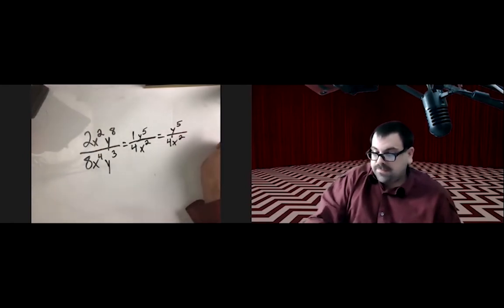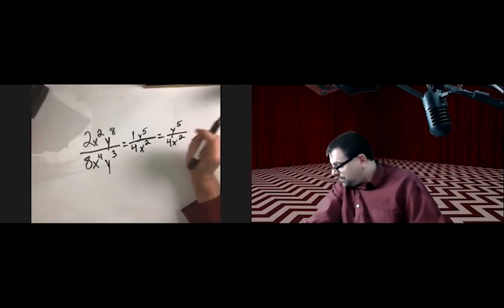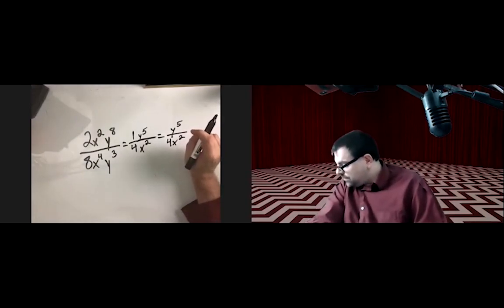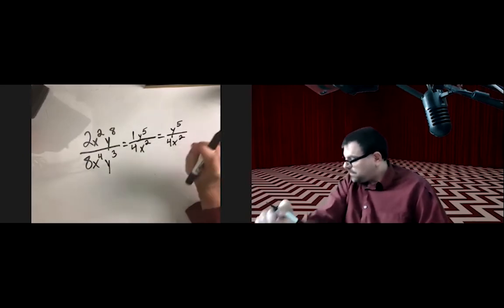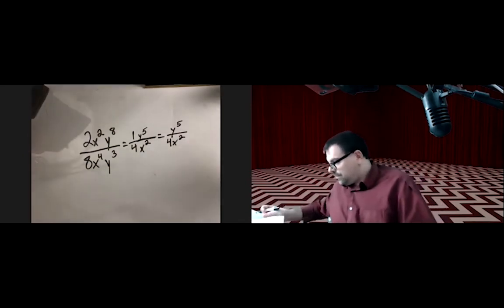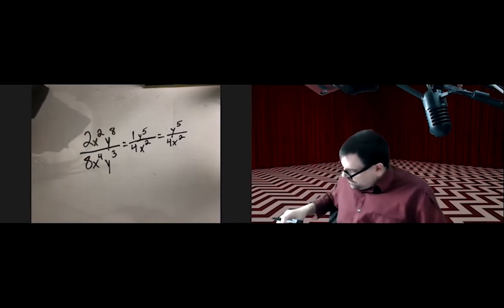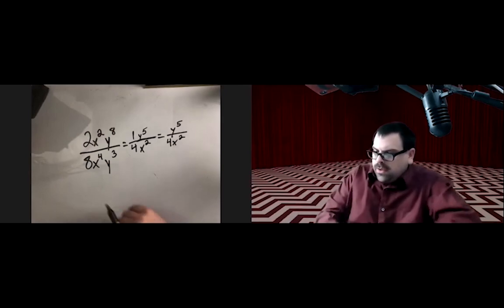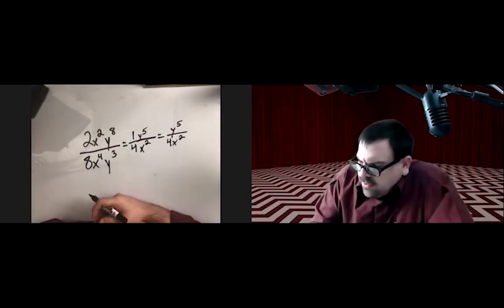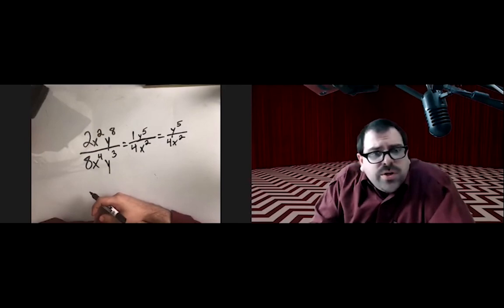4x squared on the bottom. Is there any restriction we should name here?